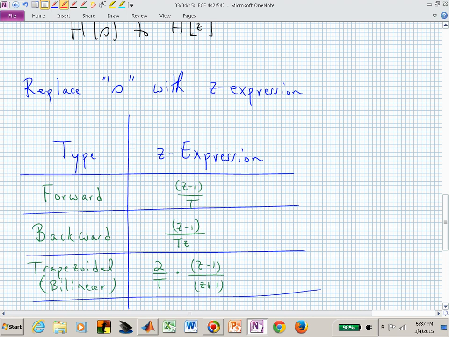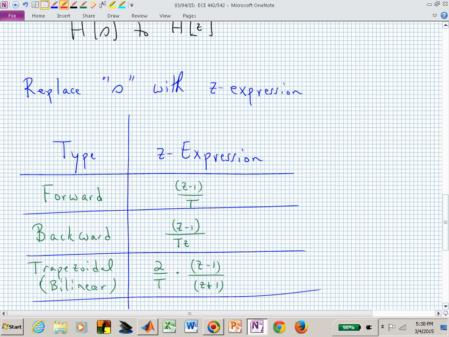The backward was starting at time now n and looking backward. And the trapezoidal was using basically a linear connection between now and previous. And that gave us this trapezoidal approximation to this sliver.